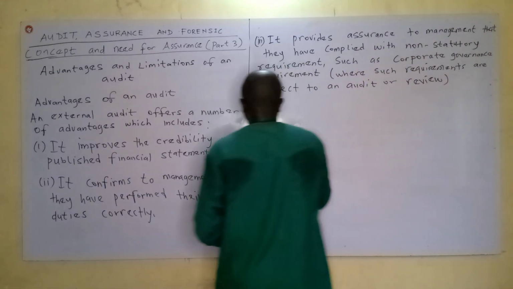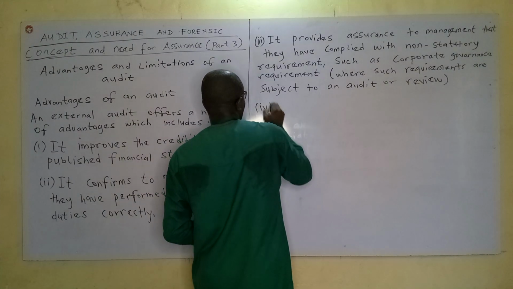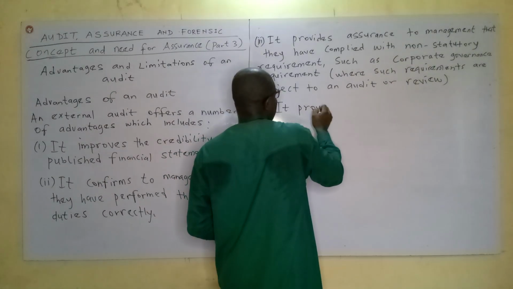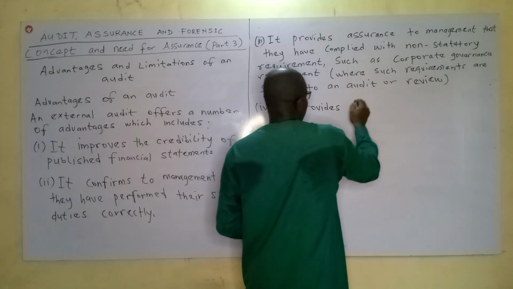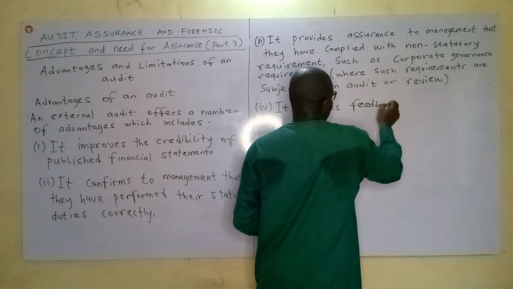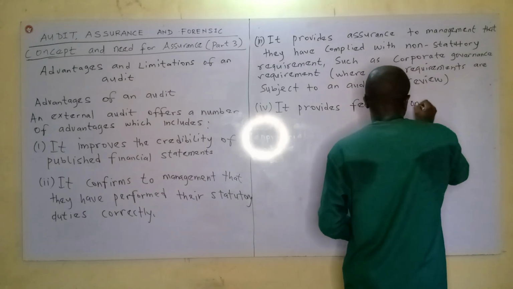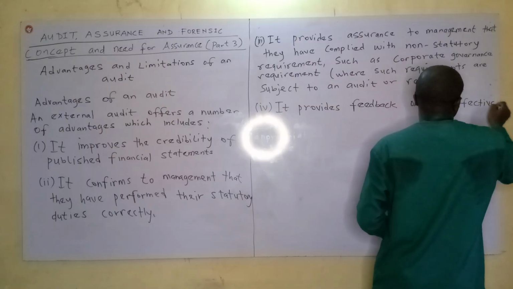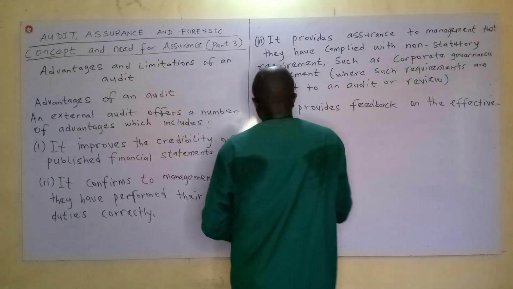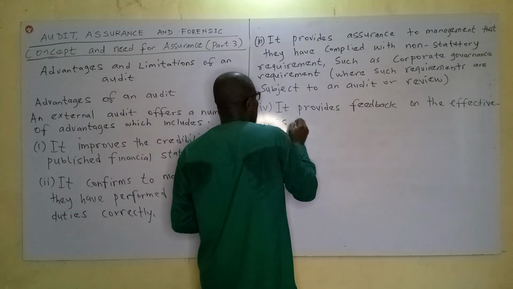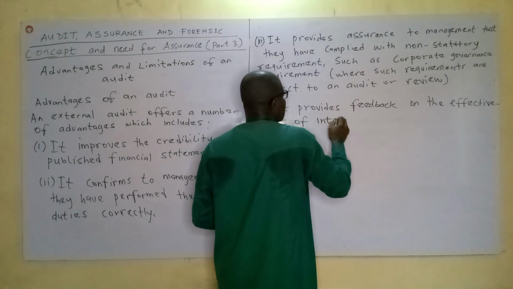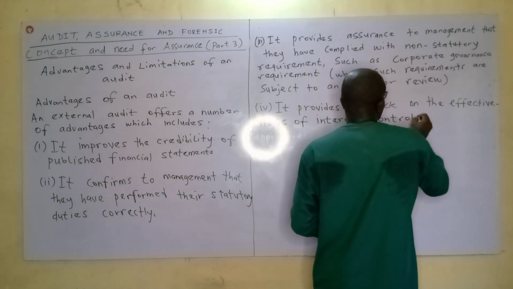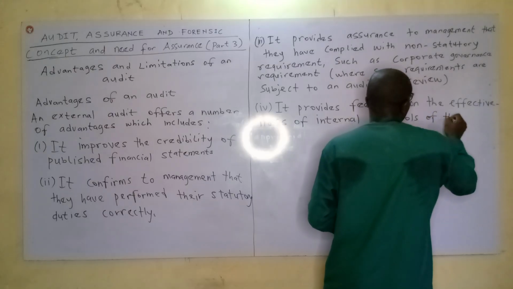Then lastly, number 4, it provides feedback on the effectiveness of internal controls of the client.